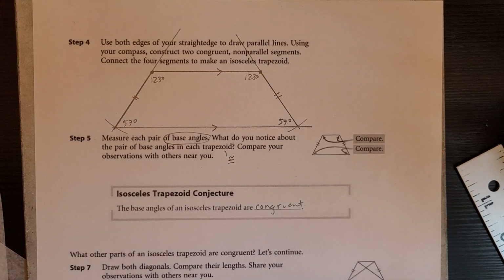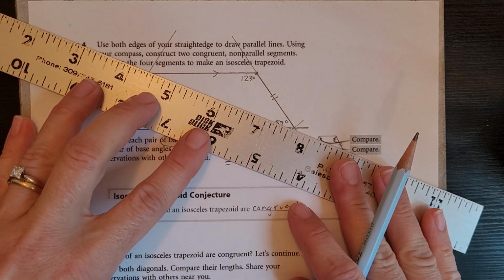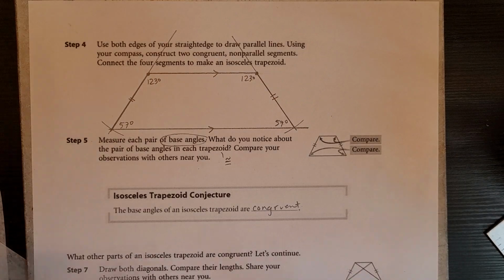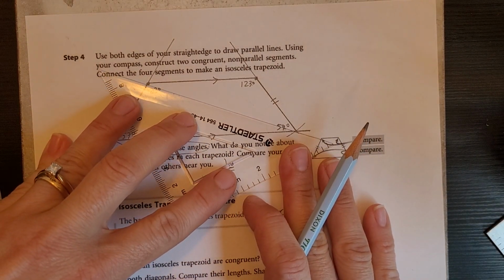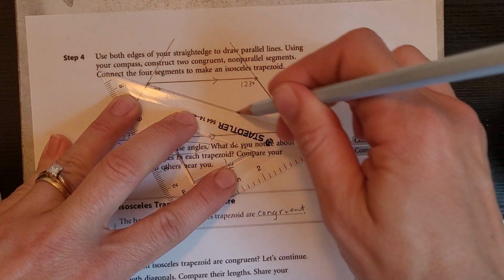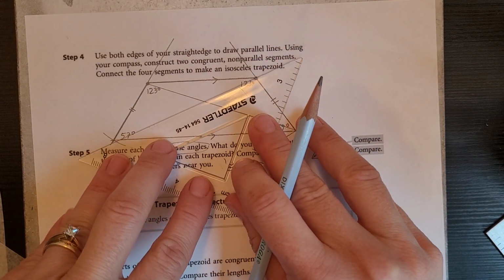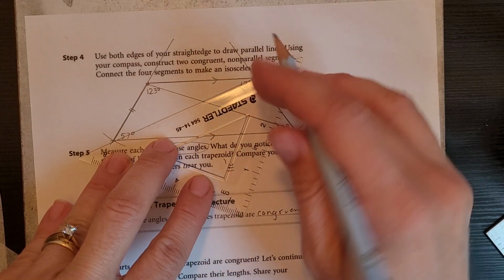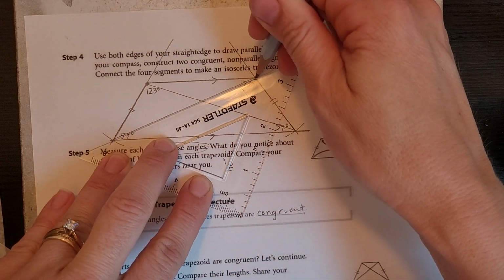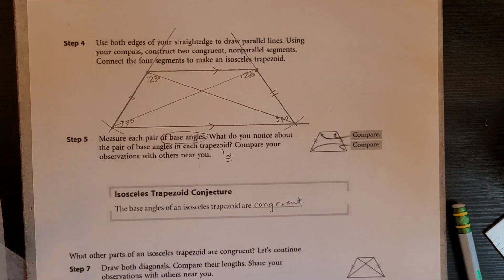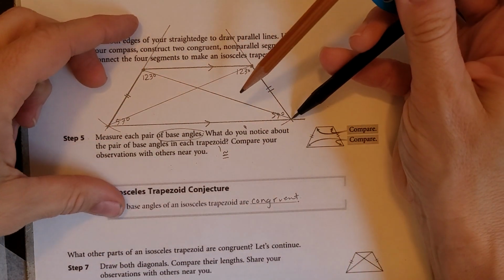And then for our last conjecture, we're going to go back to this isosceles trapezoid and we are going to draw, I like the clear straight edge, the two diagonals. All right, and then I am going to compare their lengths with my compass.